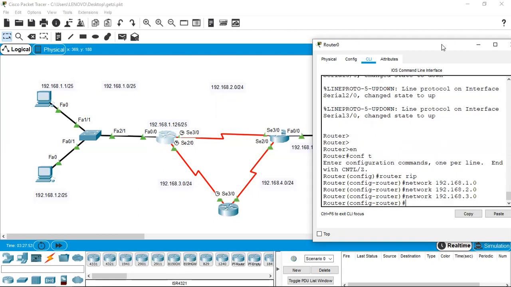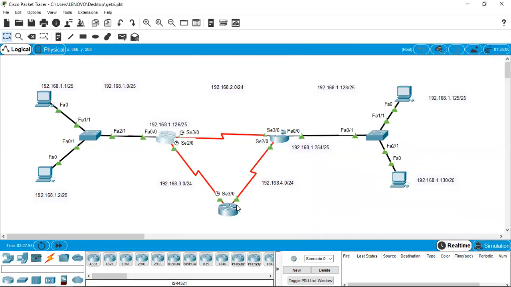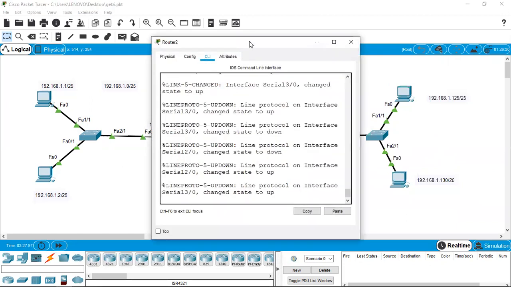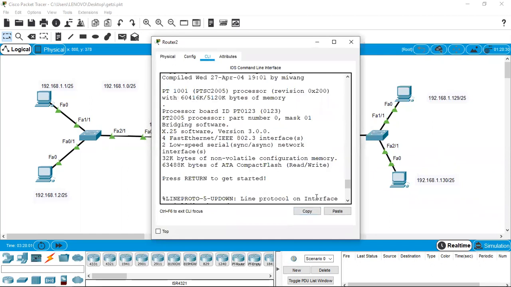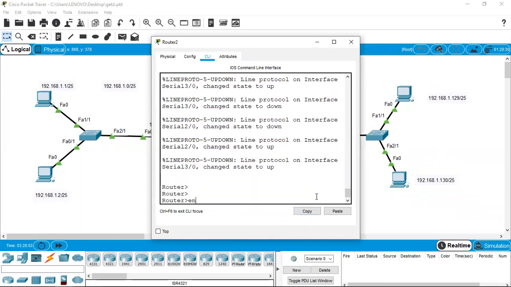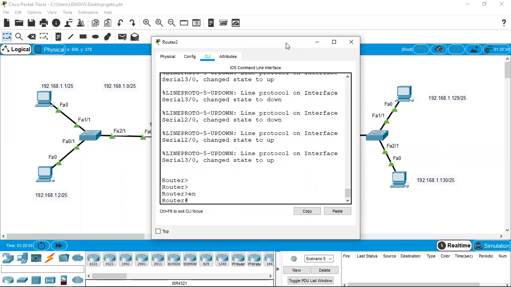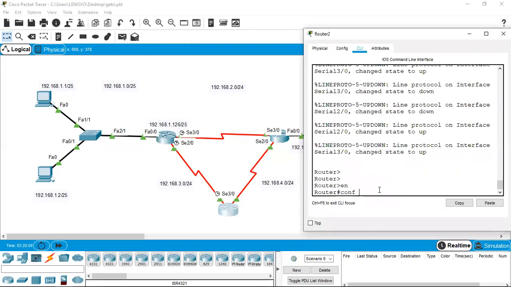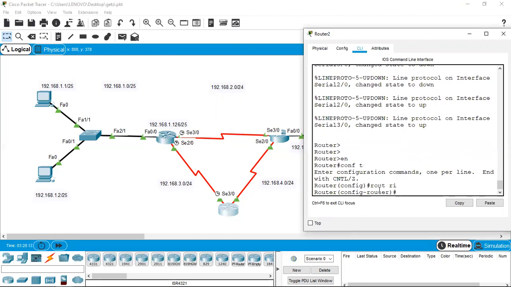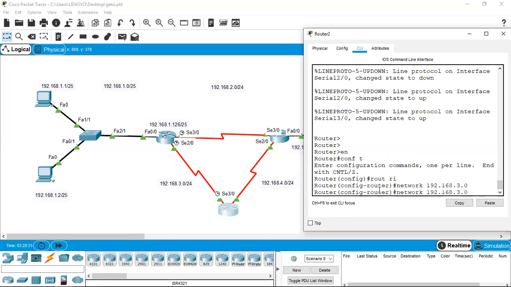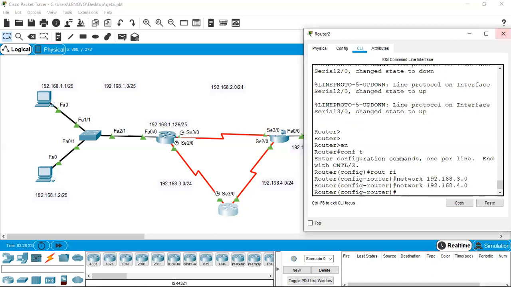I am configuring only RIP version 1. Coming to this machine, configure terminal, then router rip. The networks are network 192.168.3.0 and 4.0. That's it.